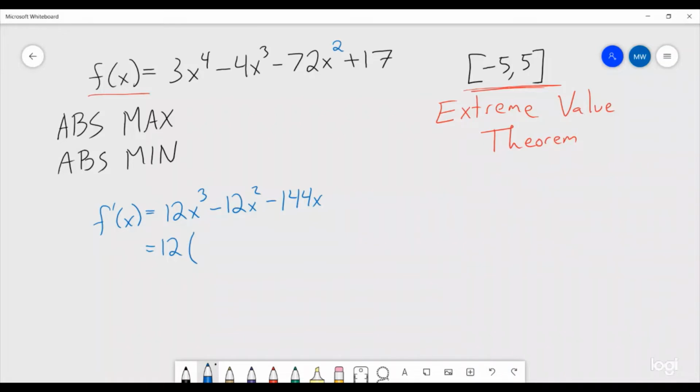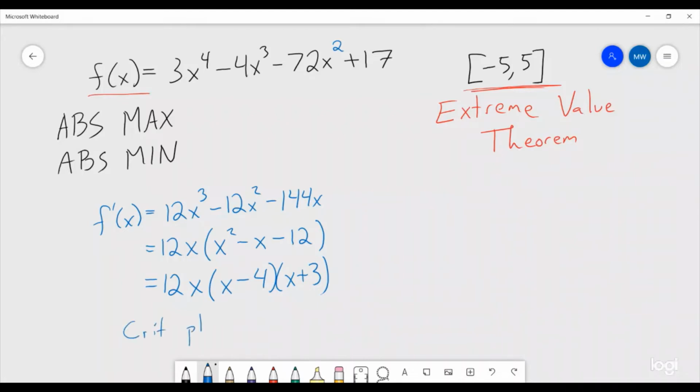In fact, we can pull a 12x out of everything, and we are left with x squared minus x minus 12. Then this factors a lot nicer: 12x times x minus 4 times x plus 3. So this means that we have 3 critical points. Our critical points are 0, 4, and negative 3, because those are the zeros of our derivative.